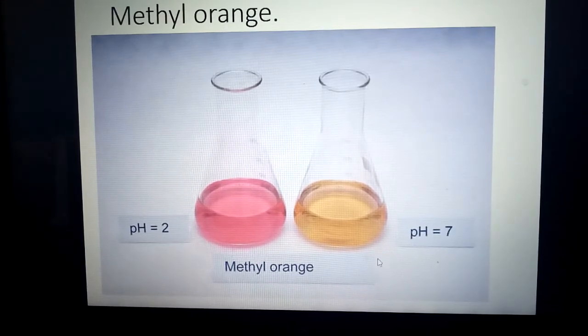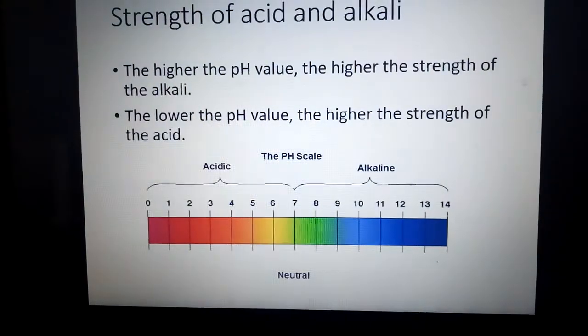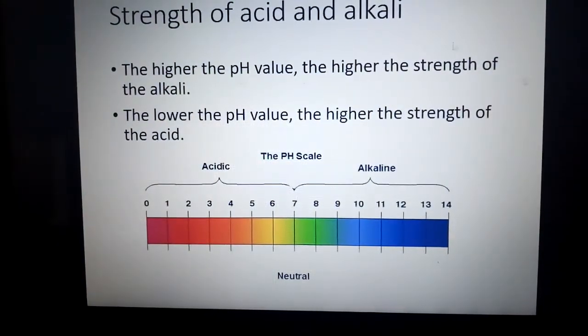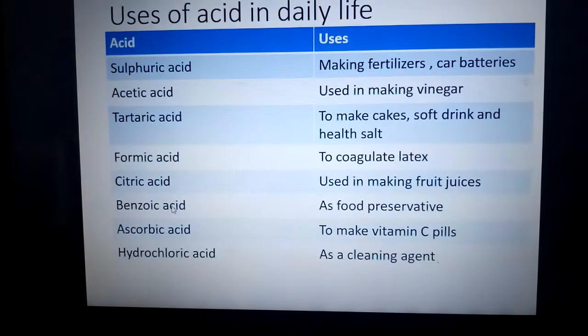What about alkaline? Methyl orange remains yellow in color. Strength of acid and alkaline: the higher the pH value, the higher the strength of alkaline, whereas the lower the pH value, the higher the strength of acid.